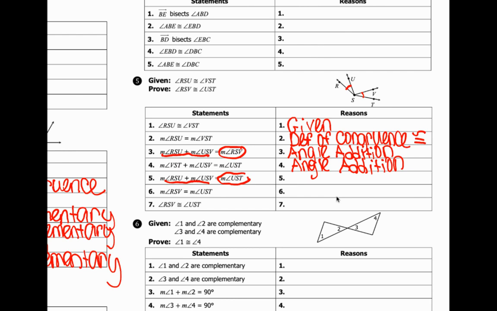It looks like they used the fact that RSU is equal to VST, so they did substitute. They replaced VST with RSU here, and then they just left USV alone. They substituted this for this because they knew that in line 2. So that would be a substitution.